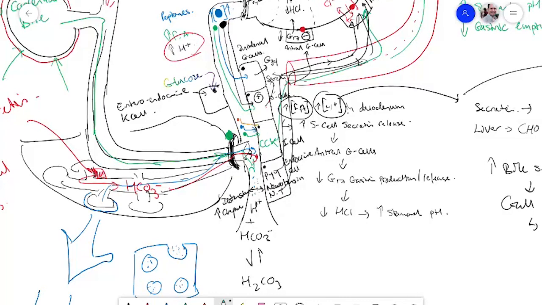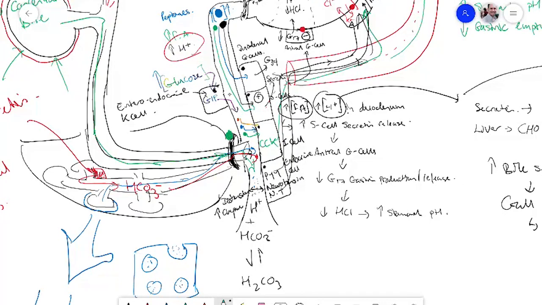Okay, so in response to high levels of glucose concentration, my goodness, look at that. It is glittery. High levels of glucose concentration, this enteroendocrine cell will release something called GIP, which stands for gastric inhibitory peptide, and I haven't got enough space to write it, so I'm just leaving it as GIP.